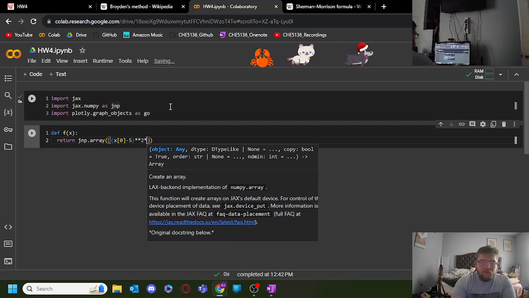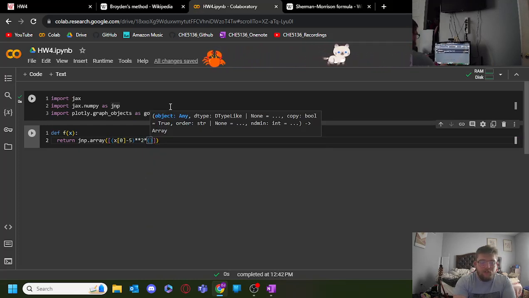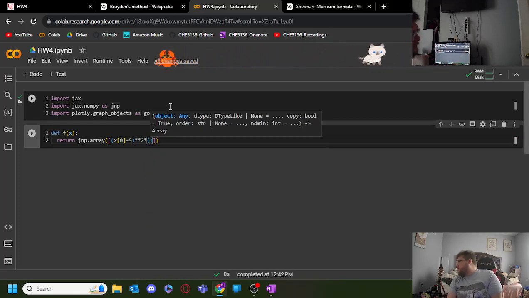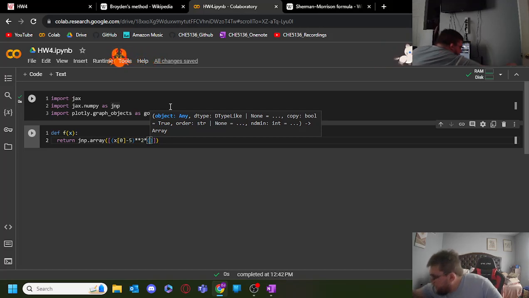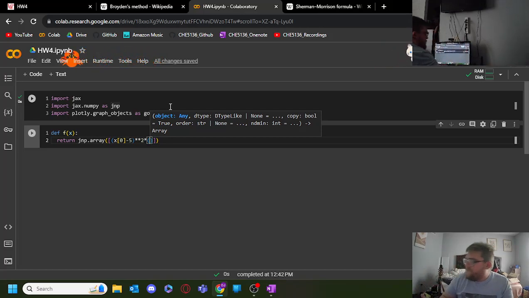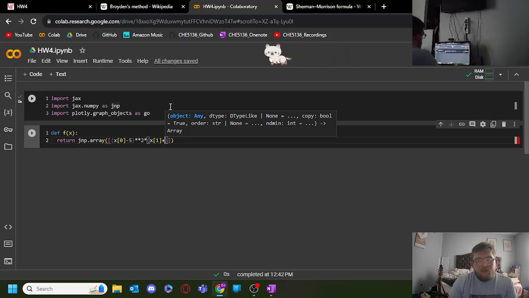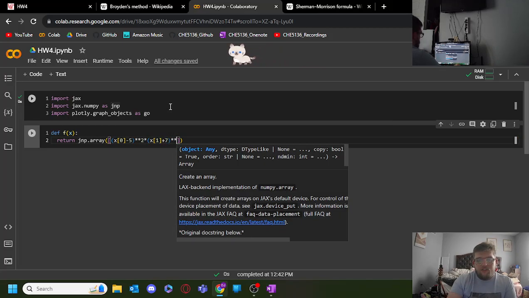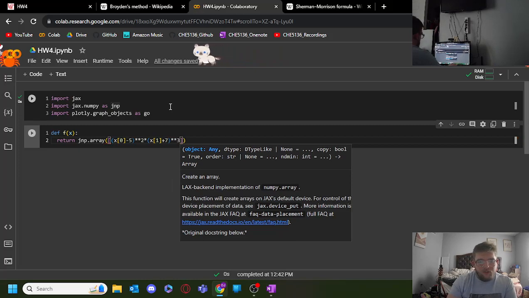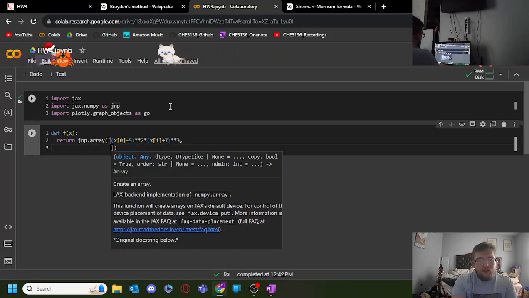Square that. Bam! Then x1, let's say, plus 7. Let's cube that. Make it a little more complicated.